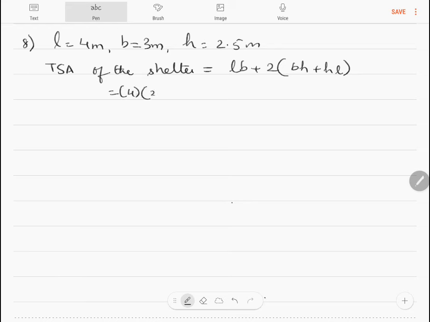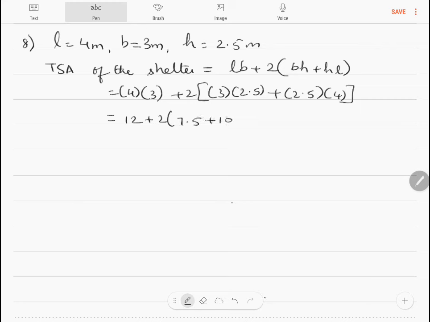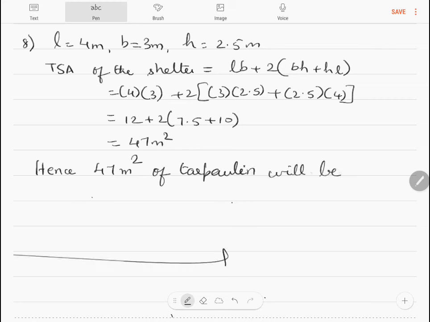Substituting the values, 4 into 3 plus 2 into (3 into 2.5 plus 2.5 into 4), 12 plus 2 into (7.5 plus 10), is equal to 47 meters square. Hence 47 meters square of tarpaulin will be required.